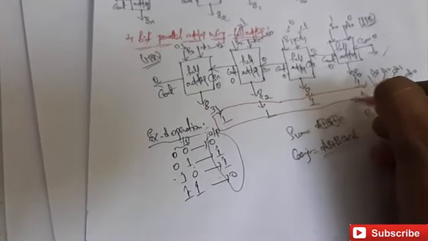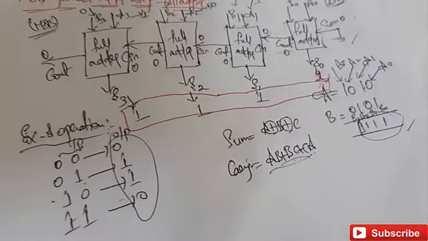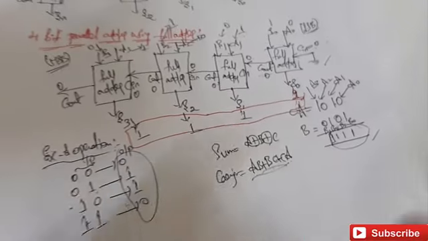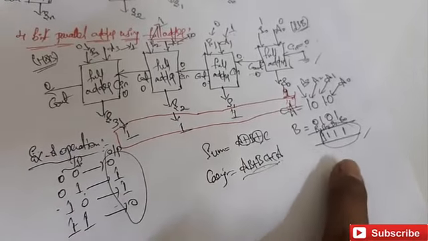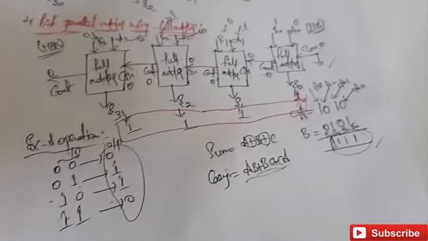Here you can observe you will get the sum as 1 1 1 1, four ones, right? Here also we will get the same four ones. Hence our answer is right.